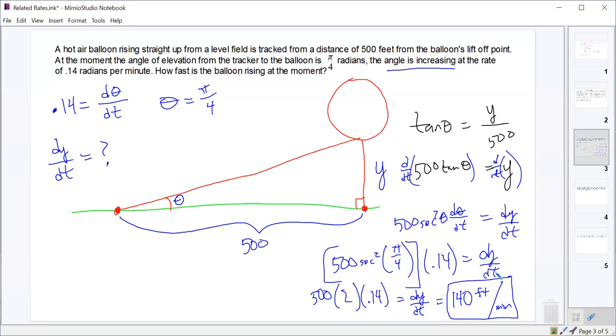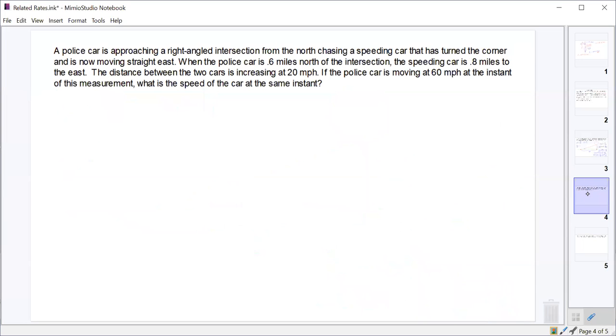Did my Zoom die again? No, we're here. We're good. Oh, okay. All right. Just making sure. Everyone's good. All right. Let's try another one. I'll give you guys a second to read through it and then we'll start working on it.